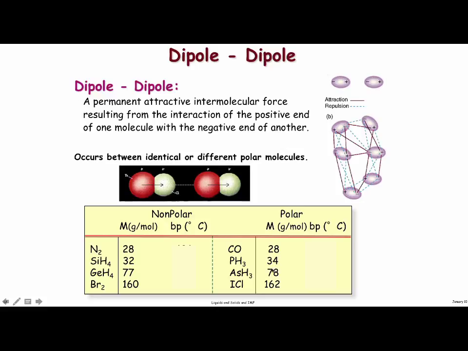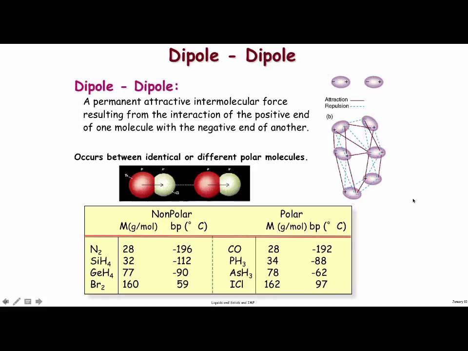This chemical to the right are polar. These are the boiling point. You can see that the smaller the chemical, the lower the boiling point, which tells you essentially that it has a lower intermolecular force. But take a look at these chemicals versus these chemicals.